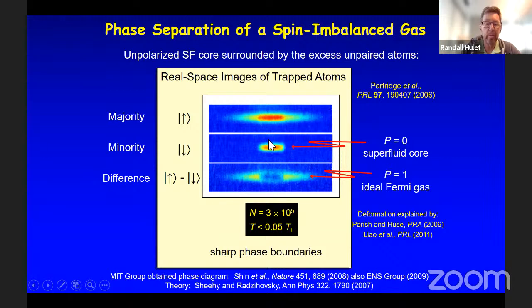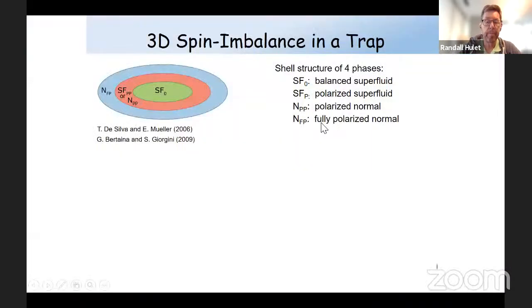What we noted was that there were equal numbers of spin up and spin down atoms in the center. So there was an unpolarized superfluid core. And you can see that by looking at the difference between the down-spin density and the up-spin density, and it's pretty much zero. And really sharp phase boundaries. So there's no evidence of FFLO physics in this, but there was some interesting phase separation.